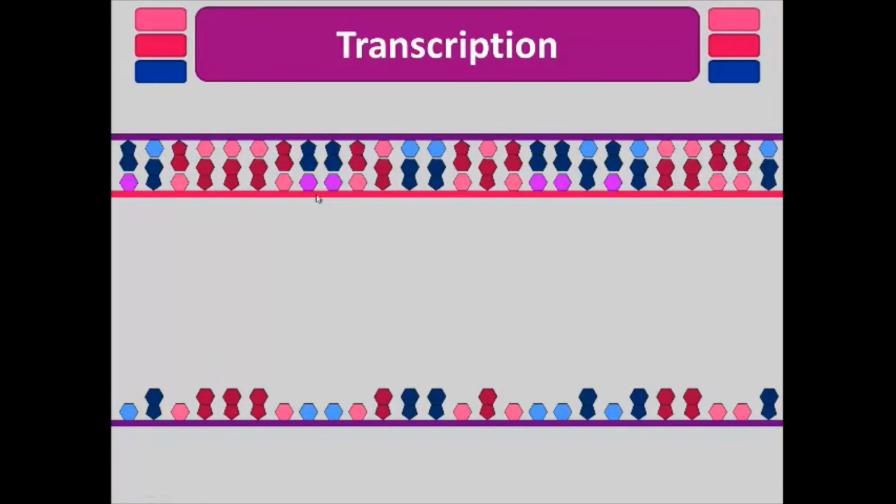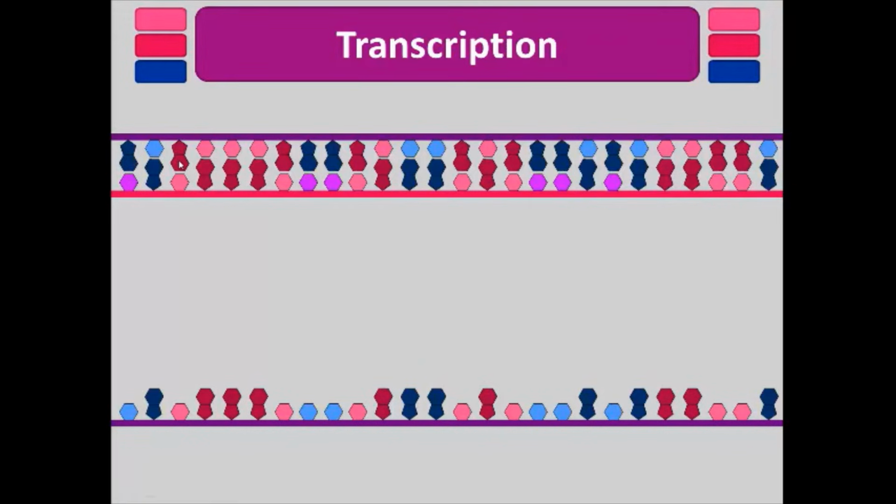The resulting RNA sequence, distinguished here by the pink-colored sugar phosphate backbone, is a complement to the DNA template from which it is made. This means that an adenine base in the DNA template will create a uracil base in the RNA copy. Uracil is the complement or opposite base of adenine.